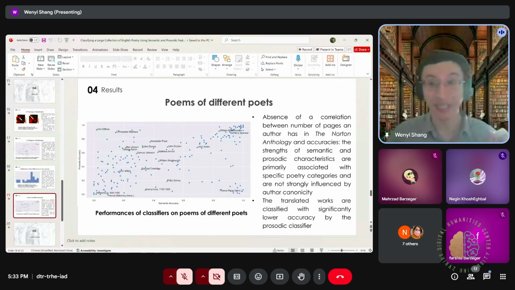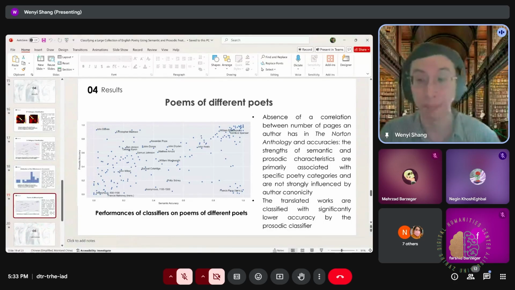So it is not the case that the famous or canonical authors can be better classified by prosodic features or semantic features compared to others, but rather that the category matters much more in this project, in this story. The only clear pattern that can be observed in the figure is that the translated works are classified with significantly lower accuracy by the prosodic classifier.